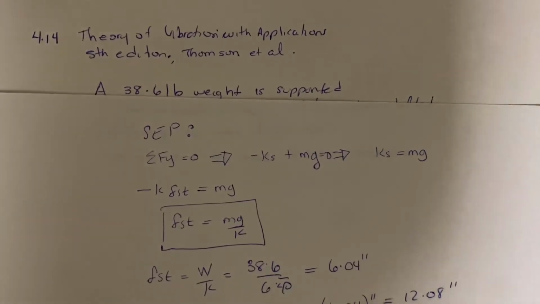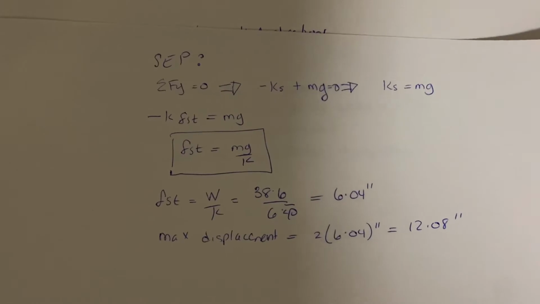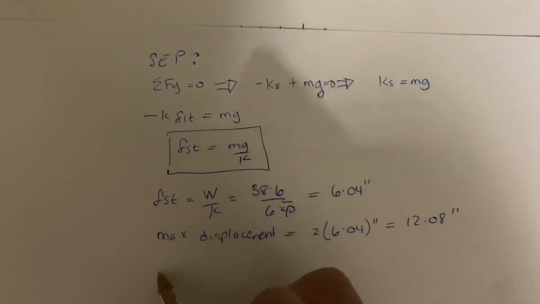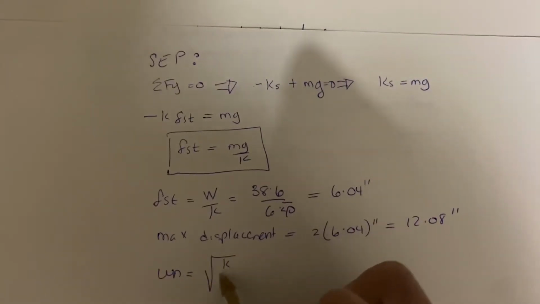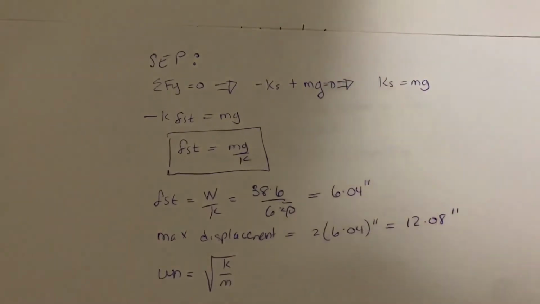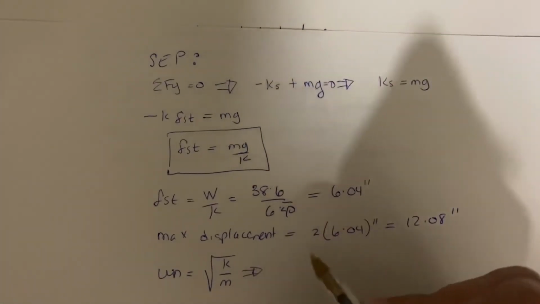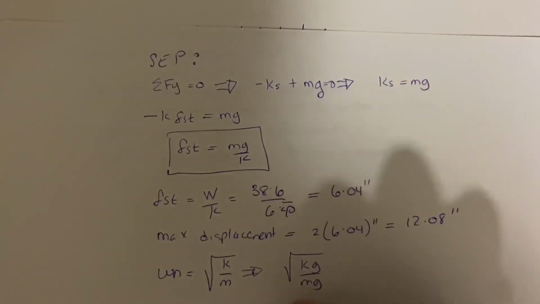To find the time, we need to first find the natural frequency of this system. So let's find the natural frequency of the system, and we know that the equation for natural frequency is the square root of k over m for this system. And since we're given weight, let's rearrange this equation a little bit further. So I just do kg over mg. This is the weight.